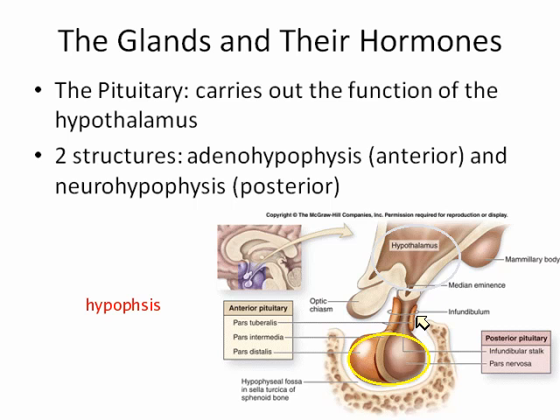The pituitary gland is divided into two areas. We have one area located anteriorly, right here, and another area located posteriorly, right here. The anterior portion of the pituitary gland, oddly enough, is called the anterior pituitary.